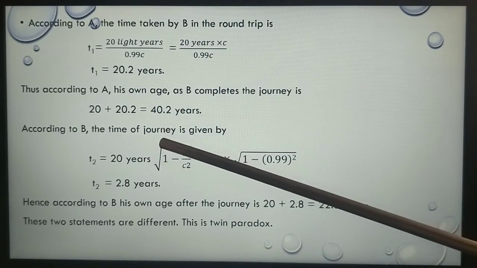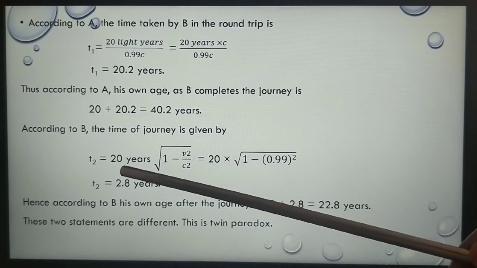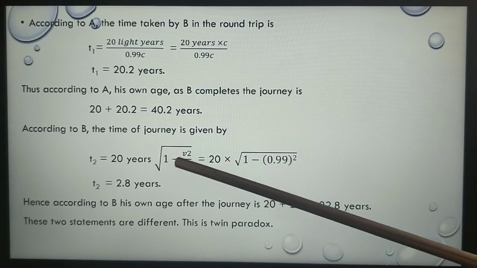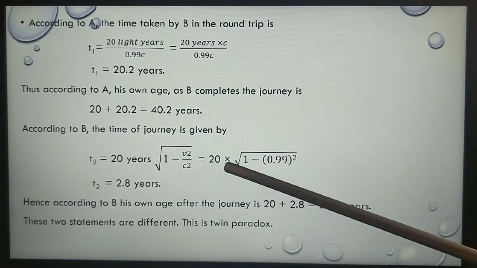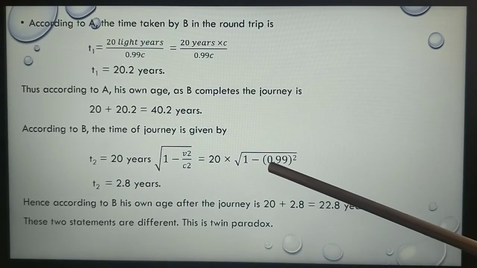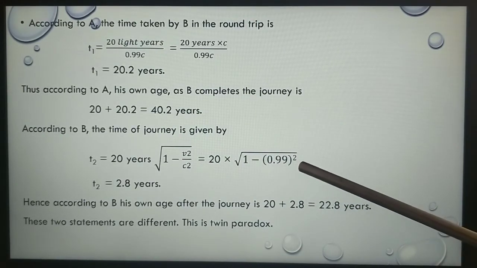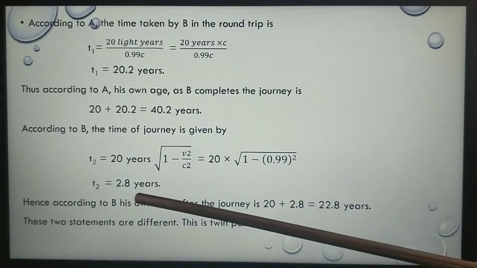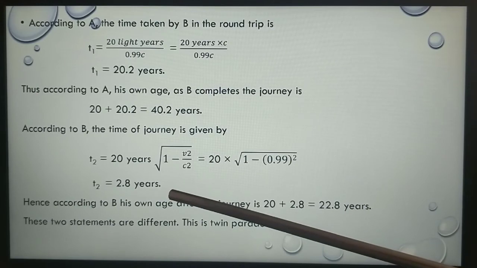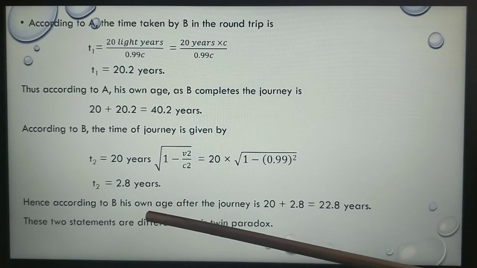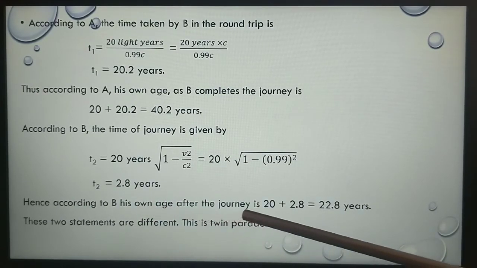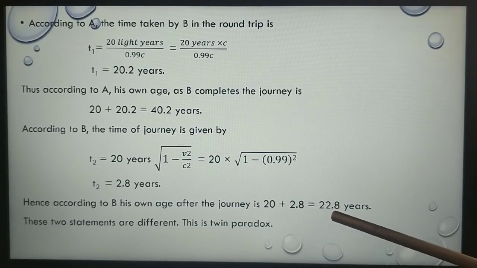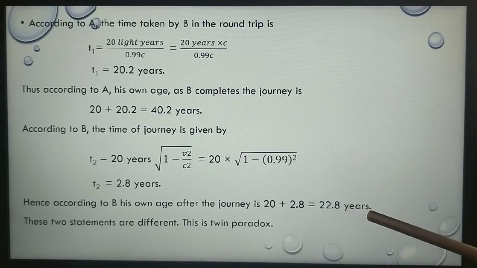According to B, the time of the journey is given by T2 equal to 20 years times root 1 minus v square upon c square, equal to 20 times root 1 minus (0.99) square. So we get T2 equal to 2.8 years. Hence according to B, his own age after the journey is 20 plus 2.8, equal to 22.8 years.